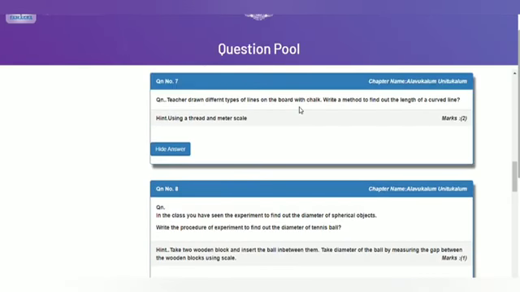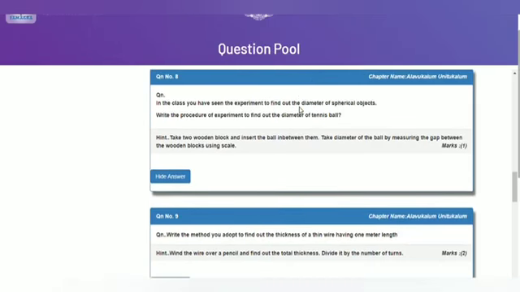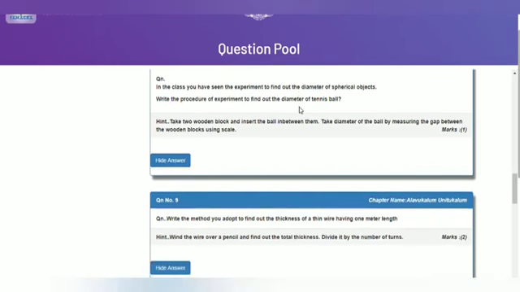Question number 7. The teacher drew different types of lines on the board with chalk. Write a method to find the length of the curved line using a thread and a meter scale. Question number 8. In class you have seen the experiment to find the diameter of spherical objects. Write the procedure to find the diameter of a tennis ball.